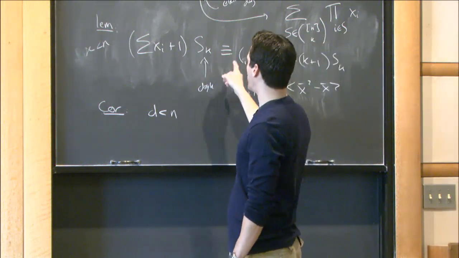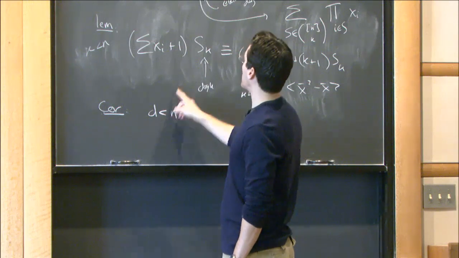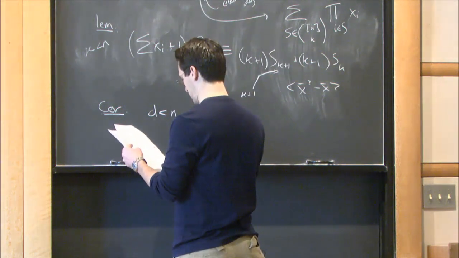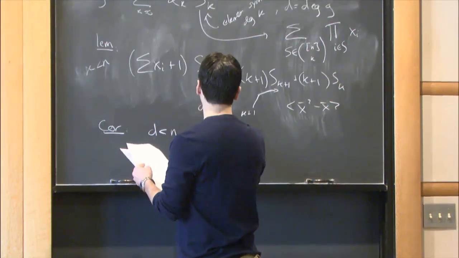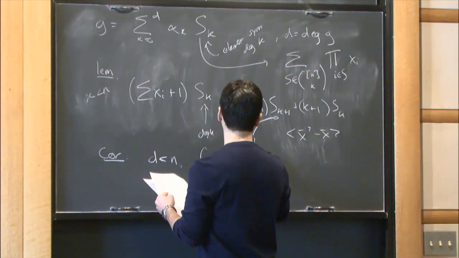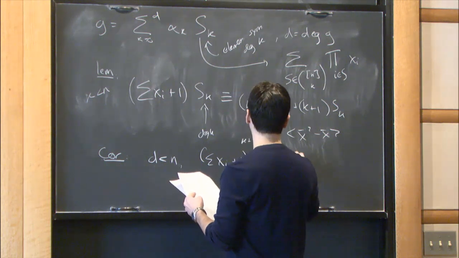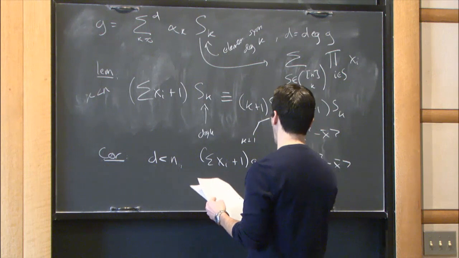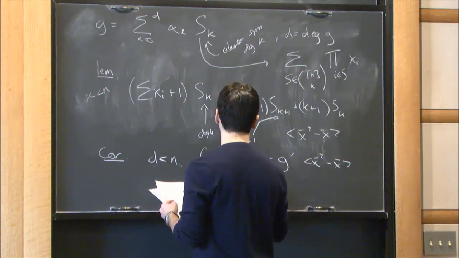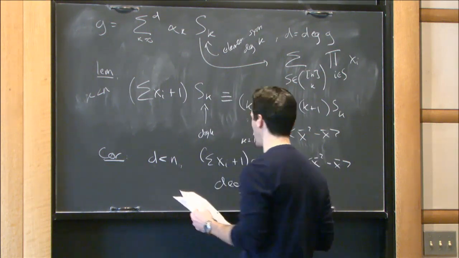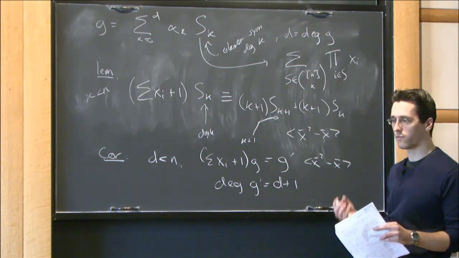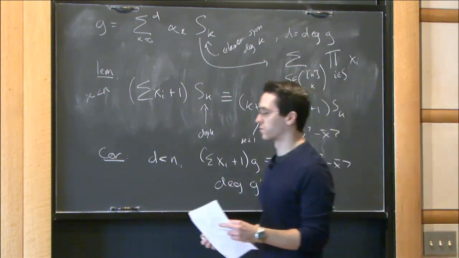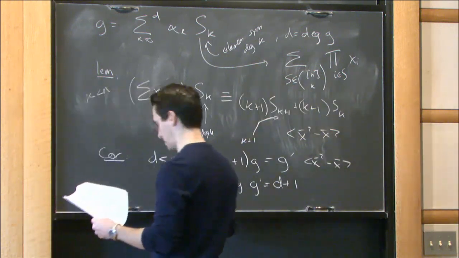So because of this degree-increasing lemma, if g has degree d strictly less than n, then multiplying the subset sum times g is equivalent to some g' modulo the Boolean cube, and the degree of g' is d+1. So if the degree is too small, you multiply by a subset sum and you get a degree which is 1 bigger.